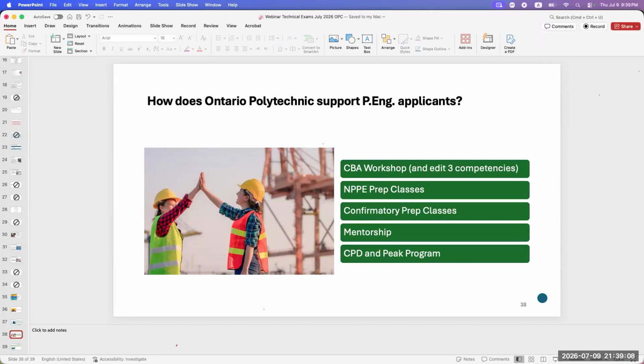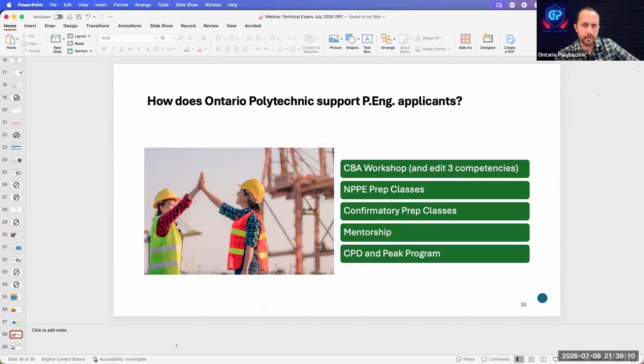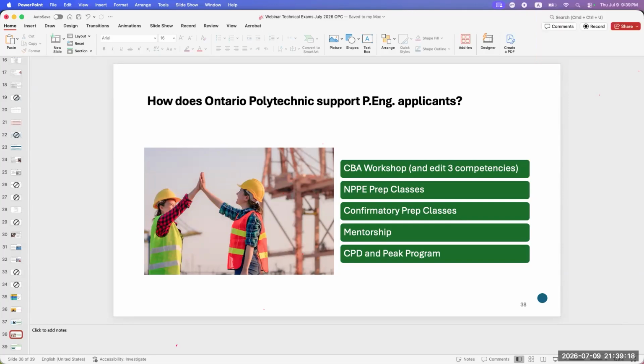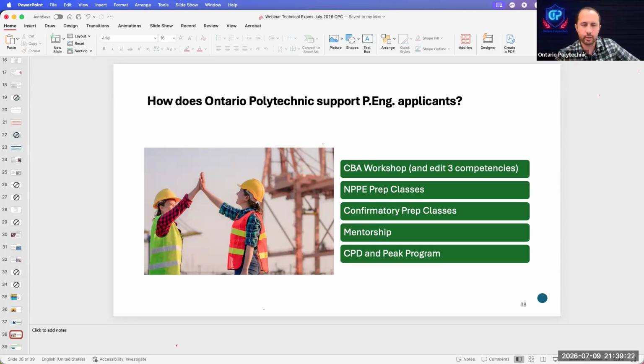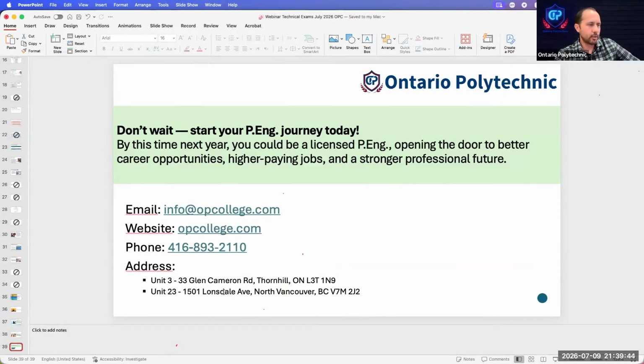So you document your international experience, then pass the technical exam and NPPE, and you will get your license. And when you get your license in any province, you can move it to any other province.